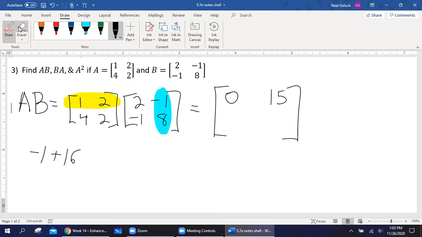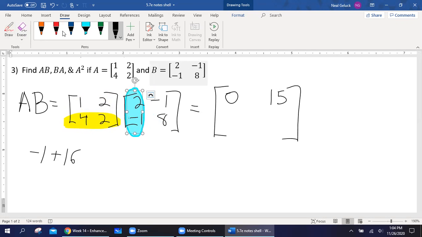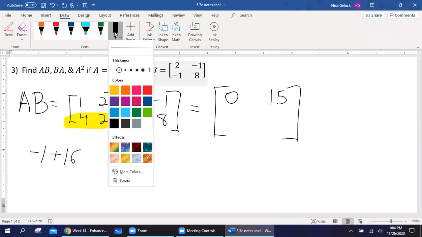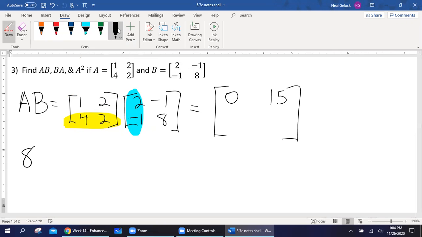So I'm going to now go to row 2, and I'm going to reset back to column 1. So same process, 4 times 2 plus 2 times -1. So that's going to give me 6.